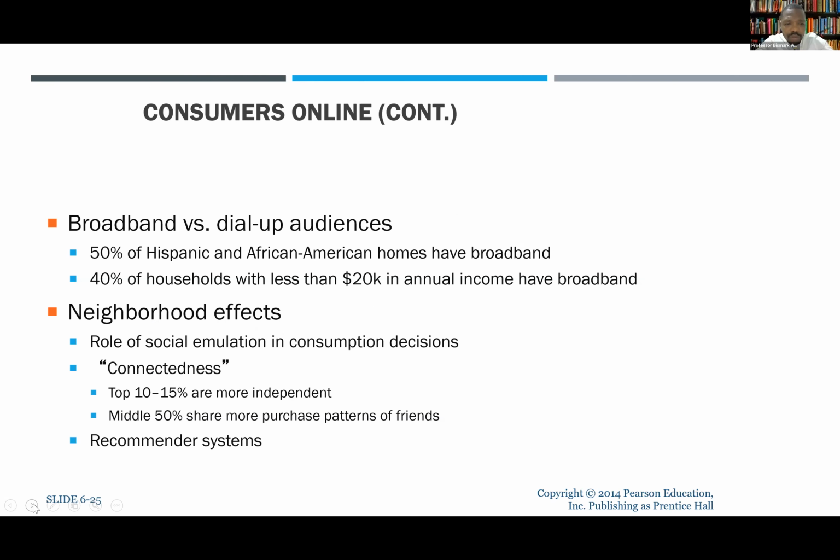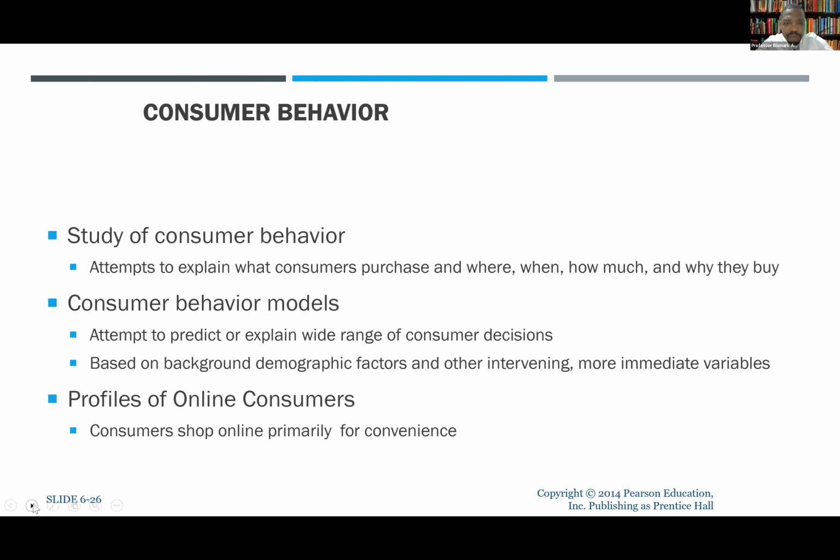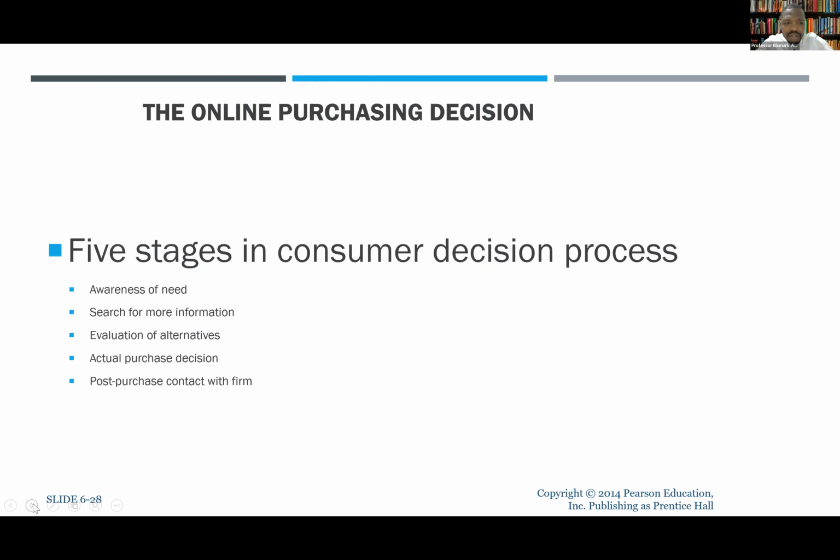I don't think we have to go too much into the consumer behavior part, but I wanted us to focus on the online purchasing decision, now that we have the consumer's attention. How do they decide that they want to buy from your particular store?